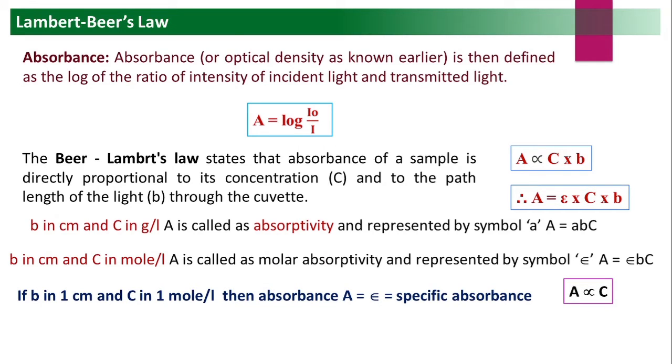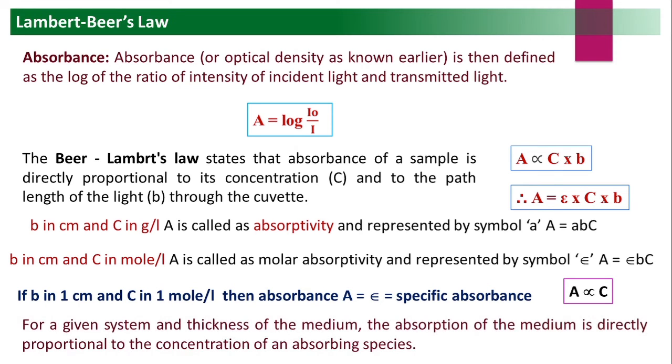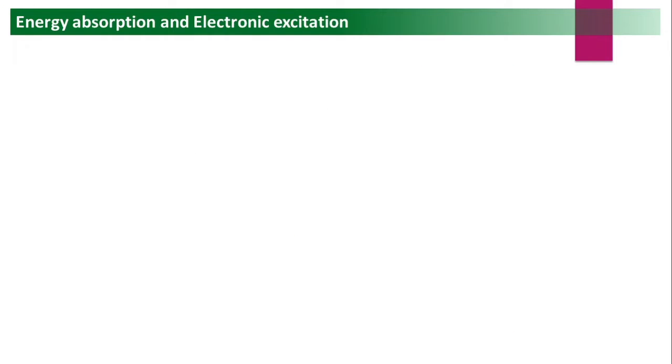So A is directly proportional to C. For a given system, the thickness of medium being constant, the absorbance of the medium is directly proportional to the concentration of absorbing species, that is A directly proportional to C. So if all the other factors are constant, then absorbance is directly proportional to the concentration.